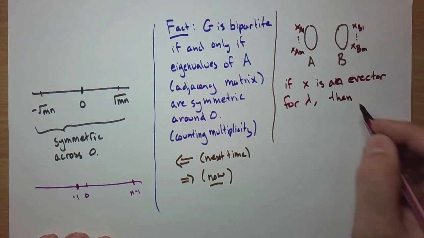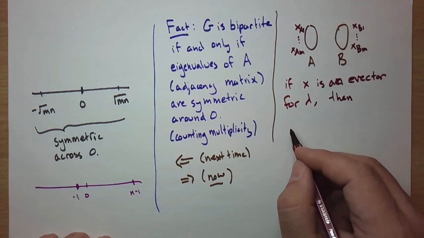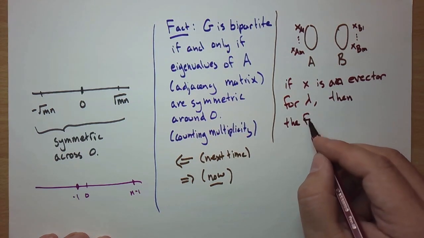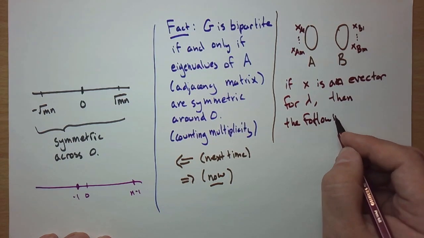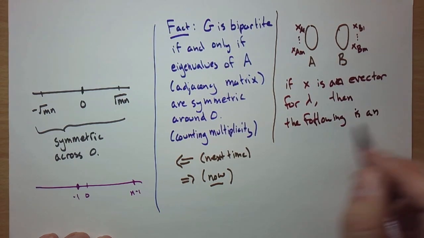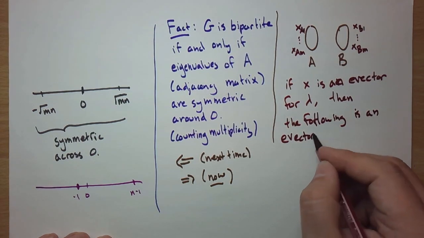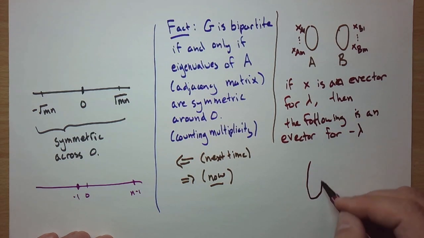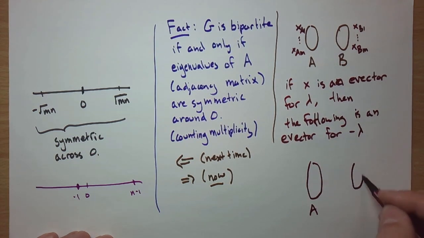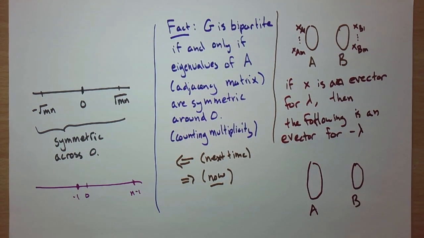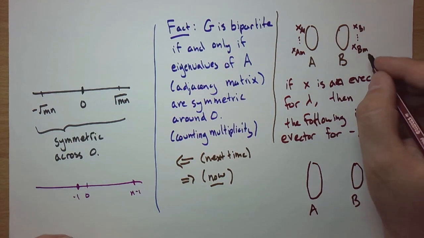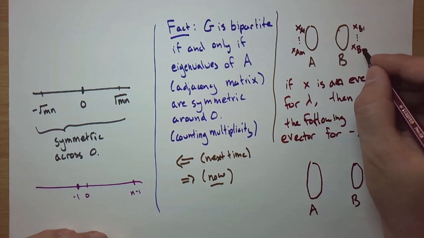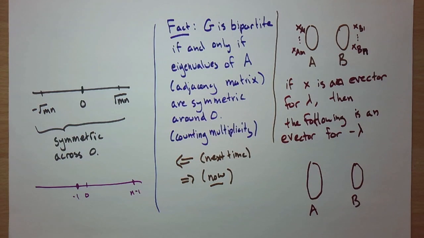Then the following is an eigenvector for minus lambda. Are those both M's, or is one of them an N? Oh, one of them should be, yeah, I'm sorry. Right, thank you. We'll switch it to B sub N.